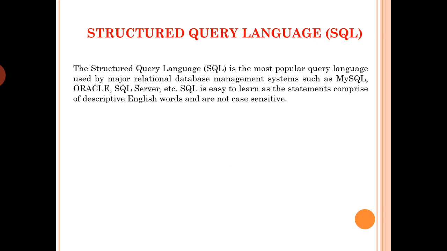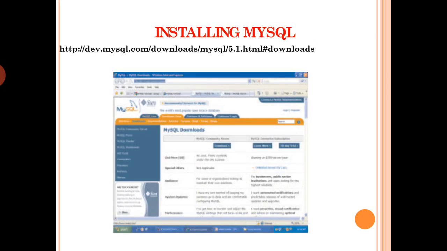Before using MySQL, you need to install it on your computer. Now let me explain how to install MySQL. MySQL is an open source relational database management system software which can be easily downloaded from the official website https://dev.mysql.com/downloads.